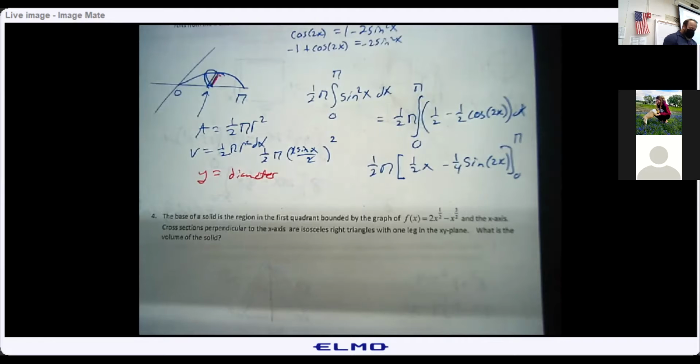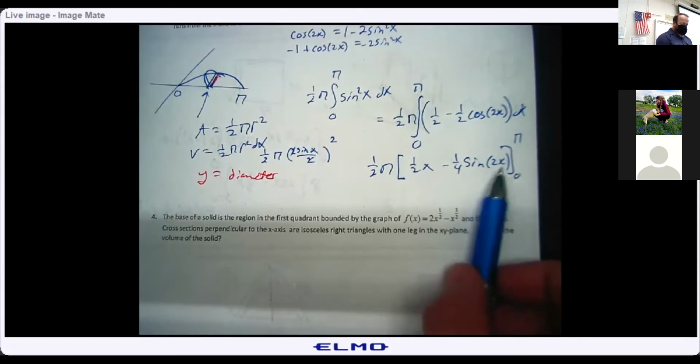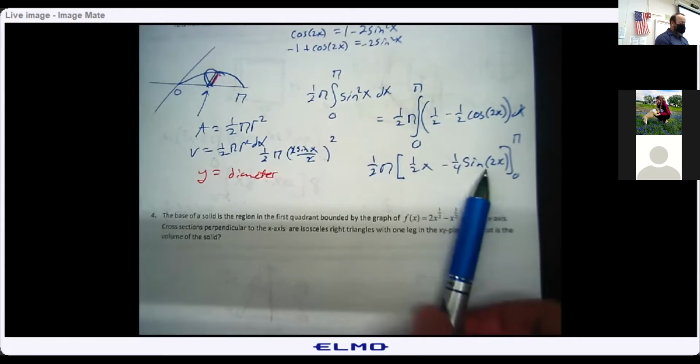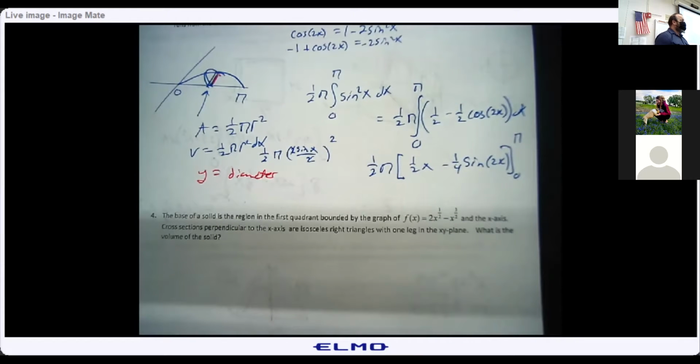And as it just so happens, when you go to plug this thing in, something kind of cool happens. When you plug in pi, before I do the problem, what is the sine of 2 pi? Picture what the sine looks like. The sine of 2 pi is 0, isn't it? What is the sine of 0? 0. Also 0.